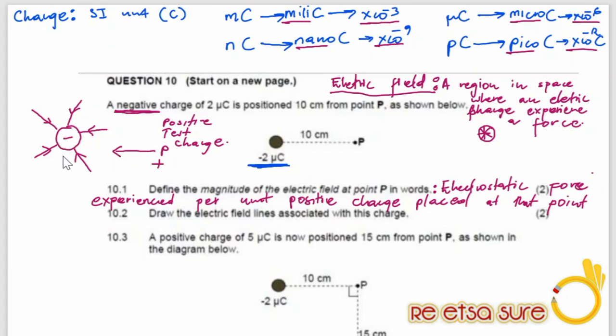Why? Because the unlike charges attract each other. So that simply tells us that the electric field around this negative charge will pull P towards itself. That is why I'm saying that we can conclude by saying that this charge is negative and is pulling P towards where? Towards itself. I hope it makes sense.